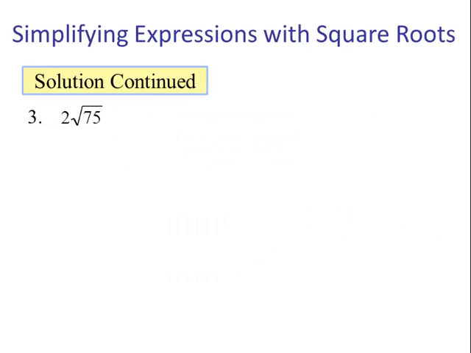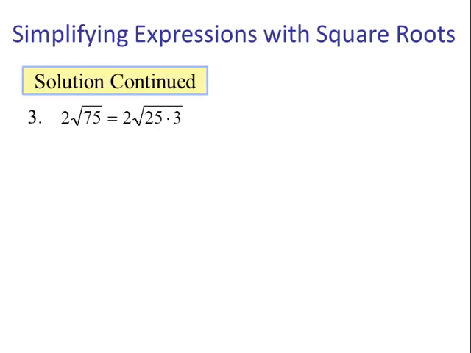Number 3, 2 times the square root of 75. So we are interested in the radicand. Does it have a perfect square as a factor? 25 is a perfect square, and it will divide into 75. So we can rewrite this as 2 times the square root of 25 times 3.